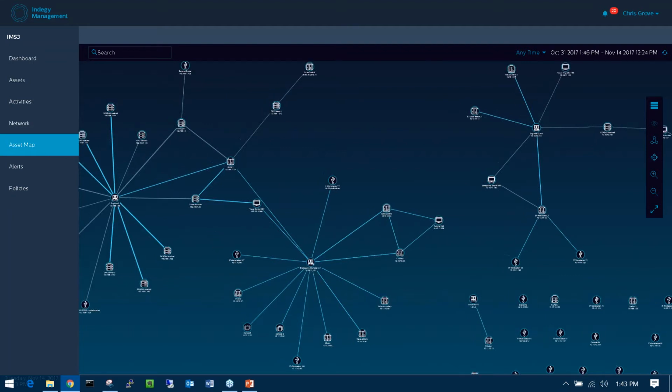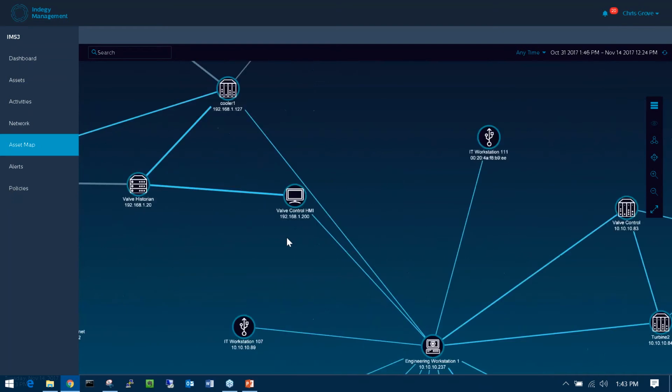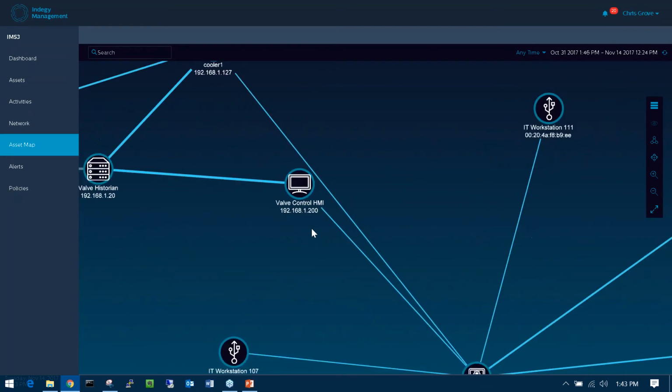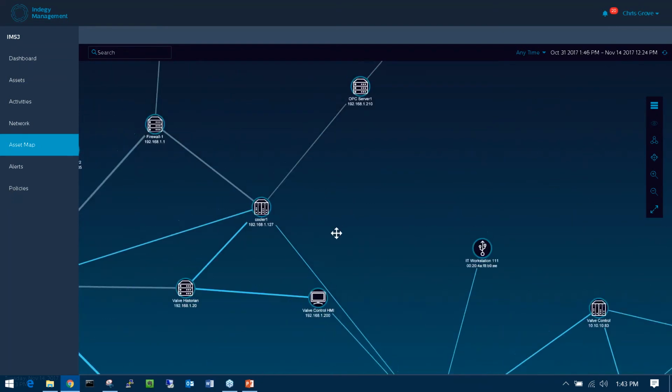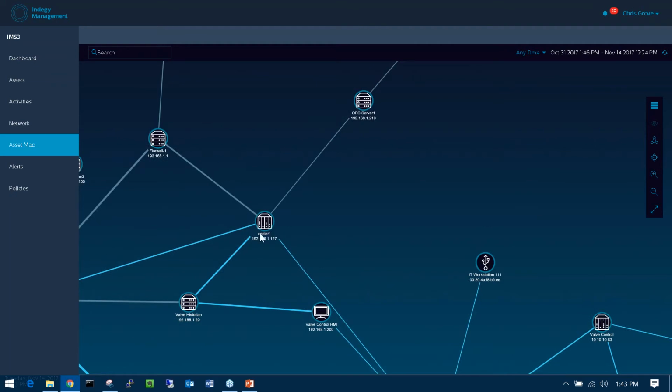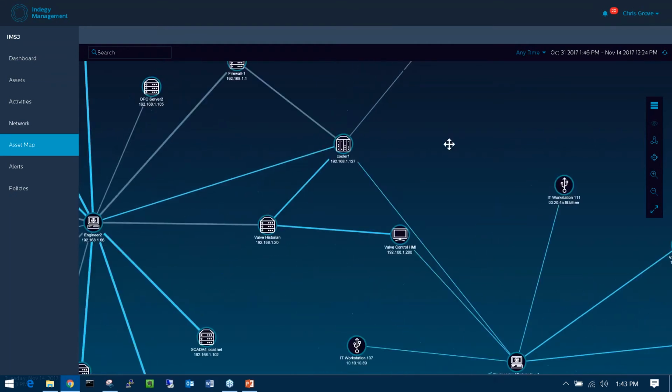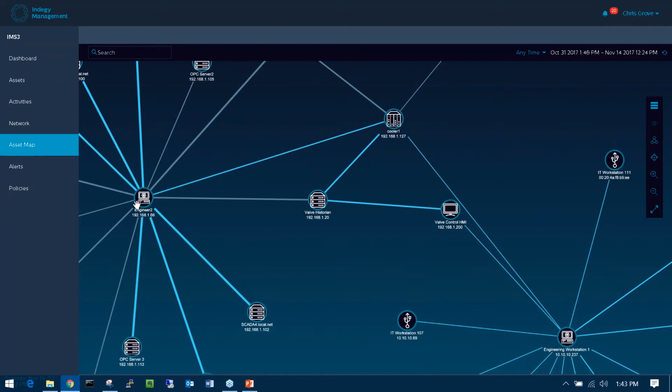So let's zoom in here for a second and take a look at what kind of devices we see between these. First, I have a cooler here. This is a PLC, and I know that this cooler is worked on by Engineer 2. This is a Rockwell cooler. Engineer 2 is a Rockwell certified engineer.